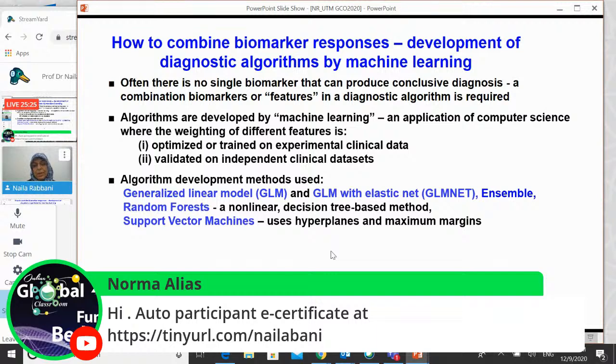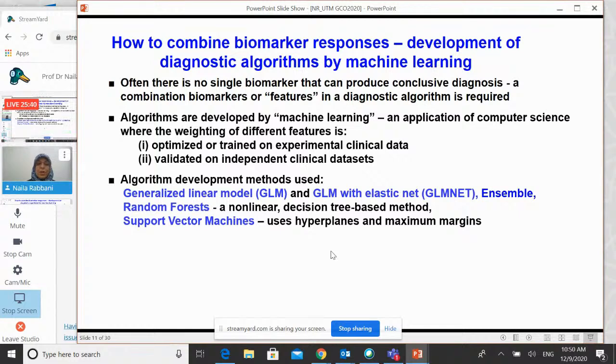there are multiple methods, and that is the list I used, but since then many more programs can be used. The generalized linear model is one, GLM with elastic net is another, ensemble random forest, a non-linear decision tree-based method, and support vector machine, which uses hyperplanes and maximum margin. Now I understand there is XGBoost and network analysis also.